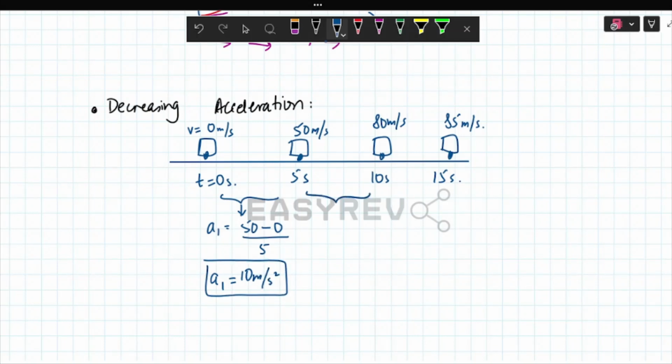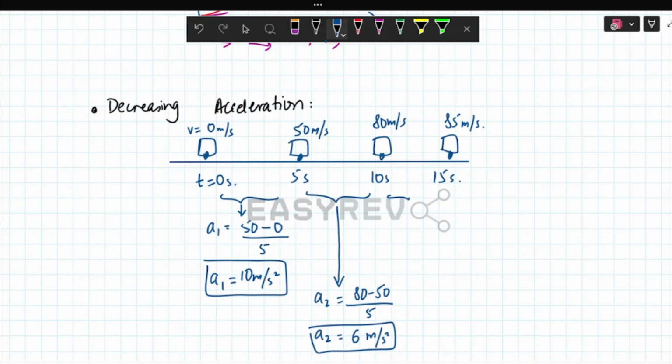Then you have the second value of acceleration, 80 minus 50 divided by 5. We get 6. And then finally, 85 minus 80 over 5 equals 1 meters per second square.